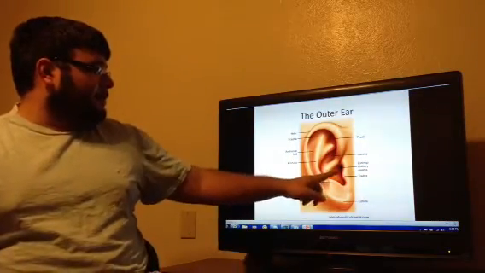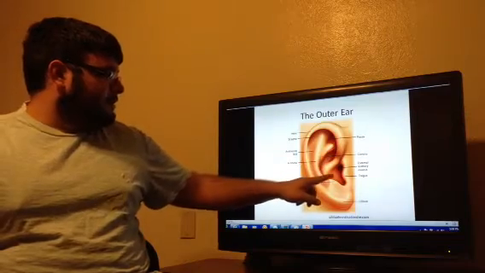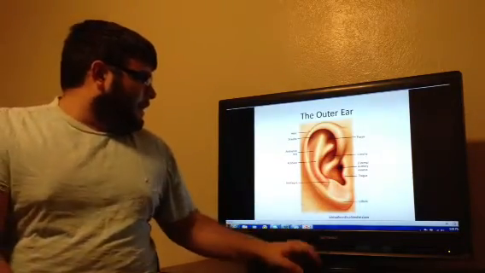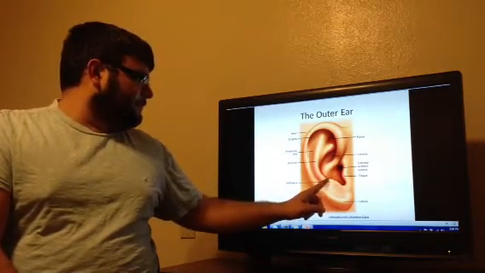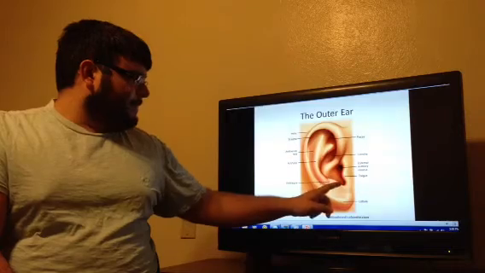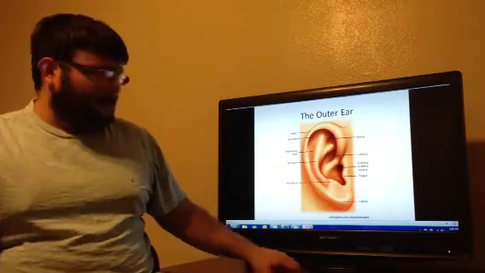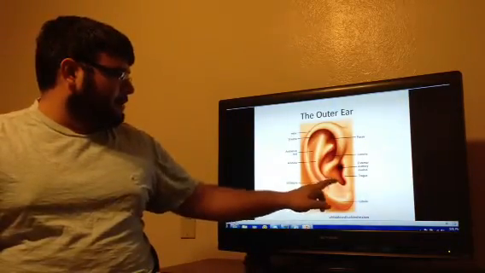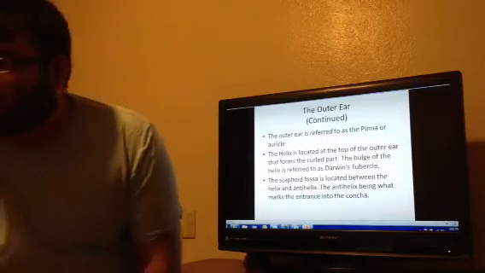From the ear canal on the outside, we have the concha cave, which leads into the ear canal. And here is the antitragus that sits across from the tragus. Another little bulge there. That is the basic outer ear structure.